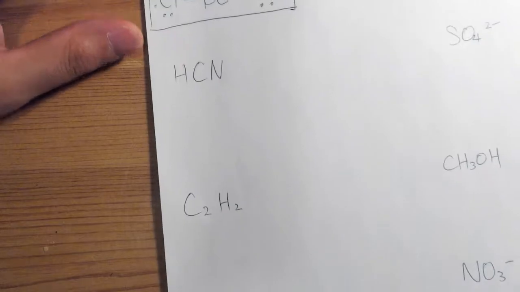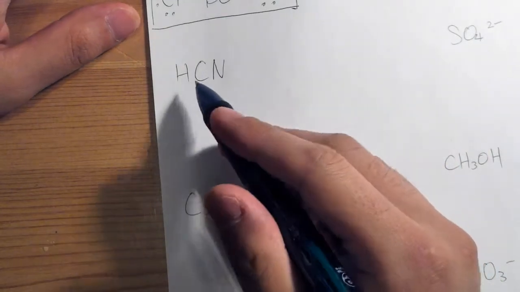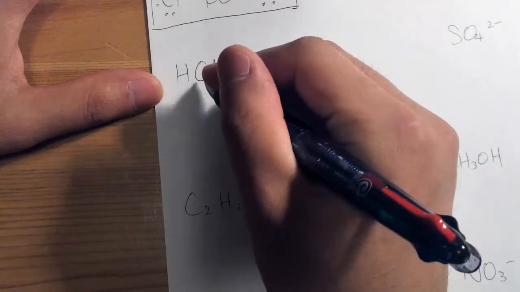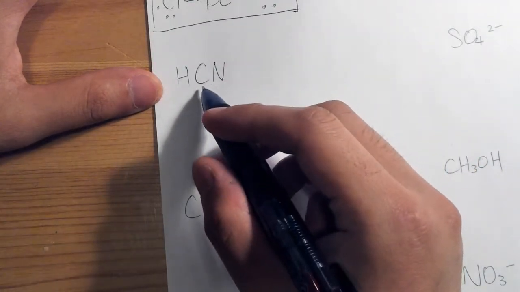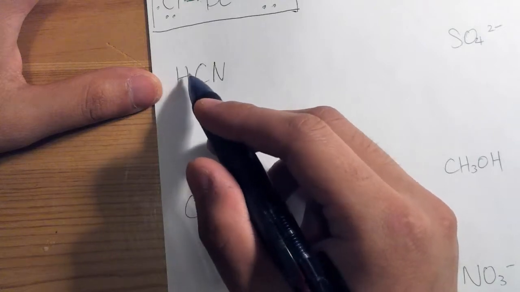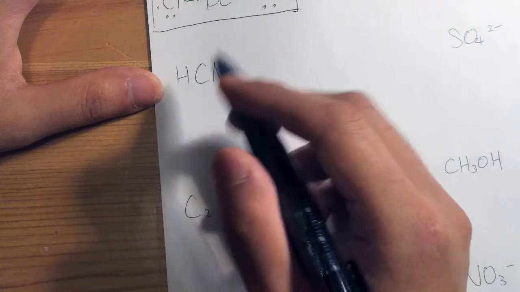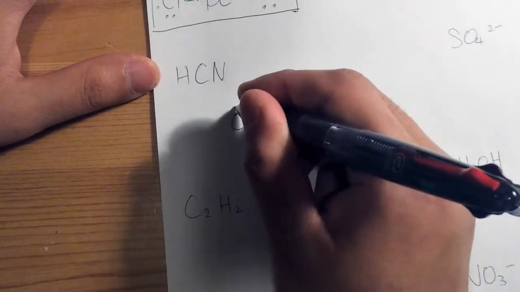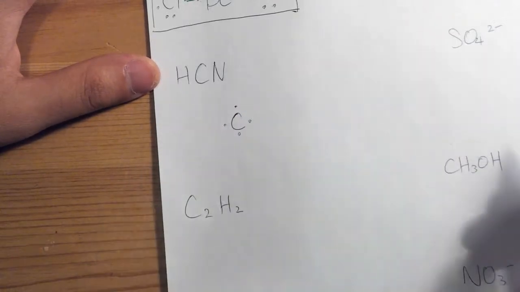All right. Next is hydrogen cyanide, or HCN. All right. So first, C would be the central atom because H cannot be the central atom due to having 2 as its most valence electrons. Alright, so I'm going to put C in the middle with 4 valence electrons around it.